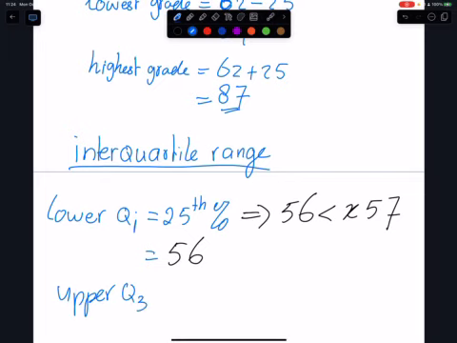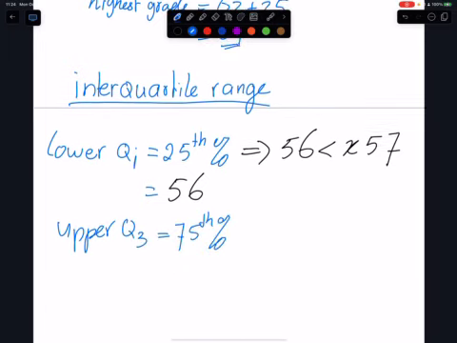which is Q3 of the students, which is 14.25.